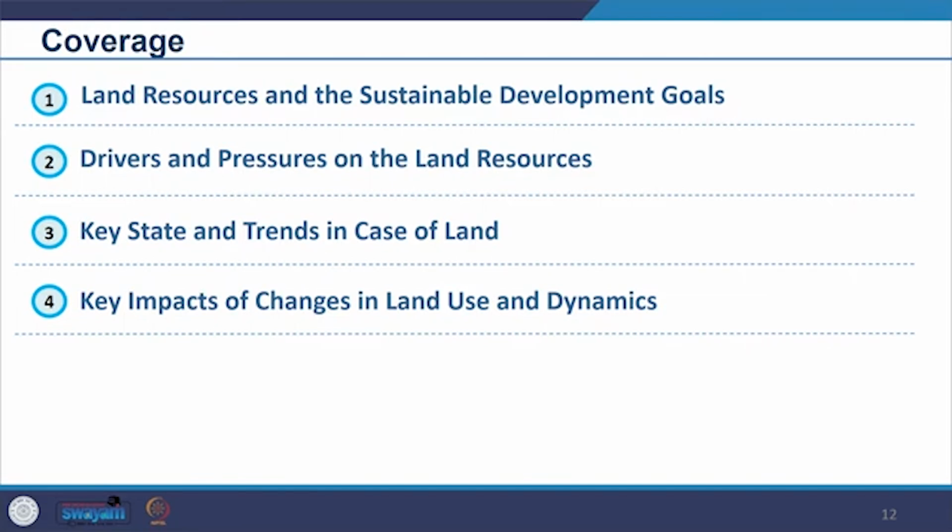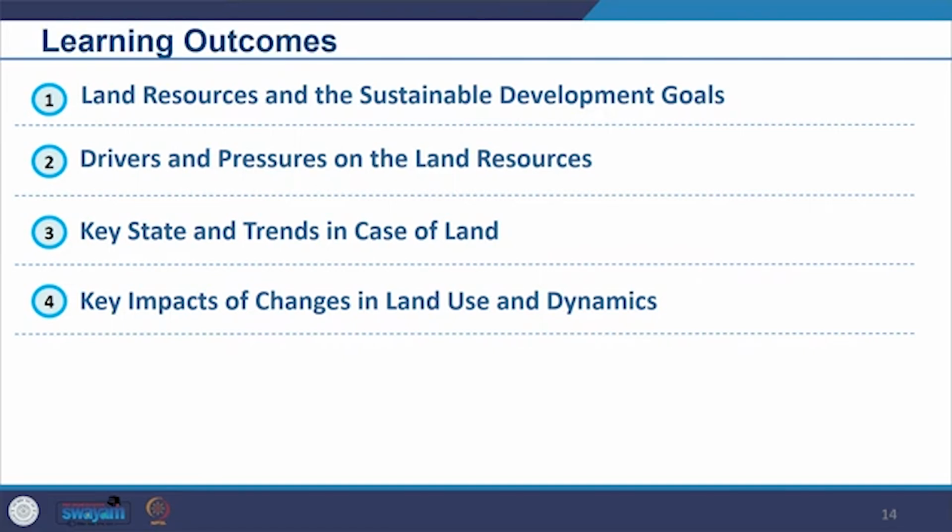And then we'll look at key impacts of these changes. So what kind of changes are happening and how do they really impact us, and how we are using the land, and then the dynamics involved. So we'll look at food security, human health, land management, tenure system, gender inequality, land health and food, and so on. We'll be looking at all these aspects today.